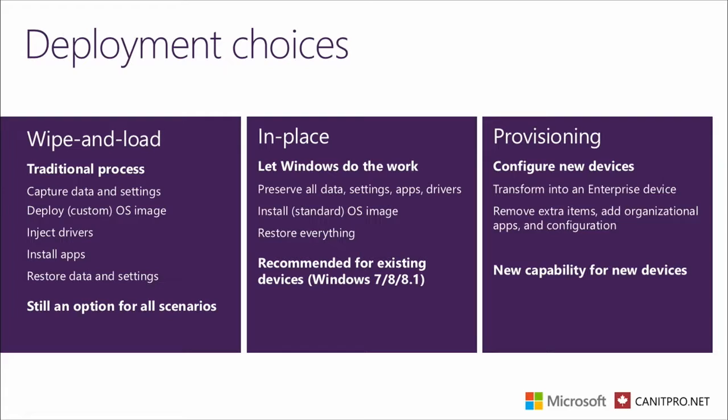So if you've got Windows 7, Windows 8, or Windows 8.1, that's the recommended way of doing that. So do an in-place upgrade. All your applications, settings, and drivers will move over. If you're still on Vista and XP, a little testing might be in order, but I don't think it's supported at this time. And of course, at this point, we're not RTM yet. We're not released. So everything we're talking about today is based on the latest preview versions that are available.